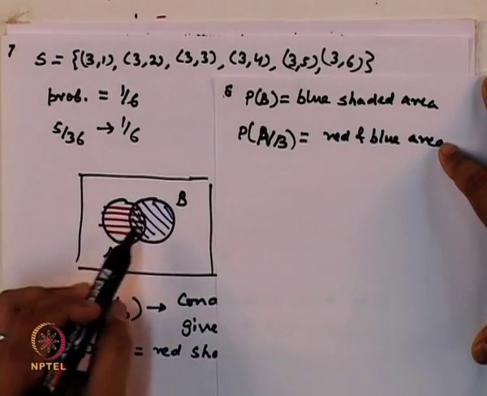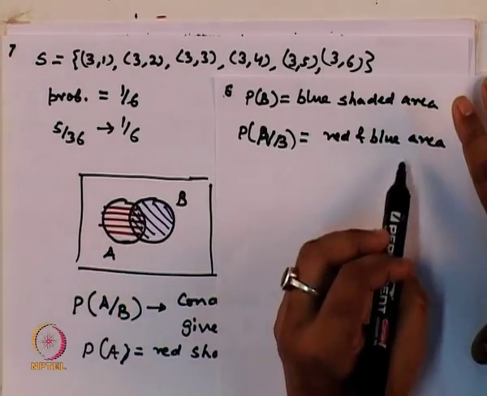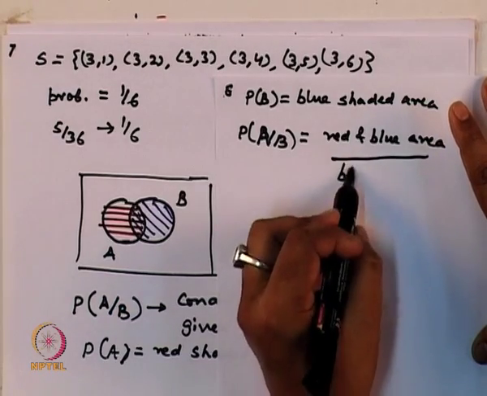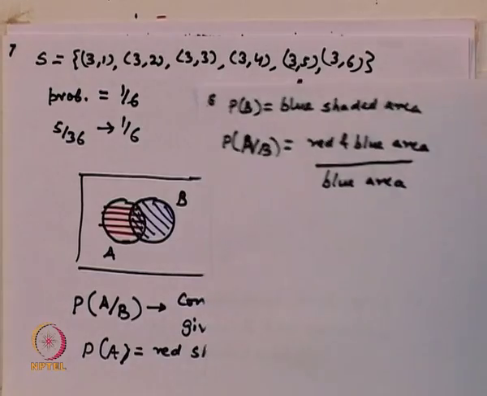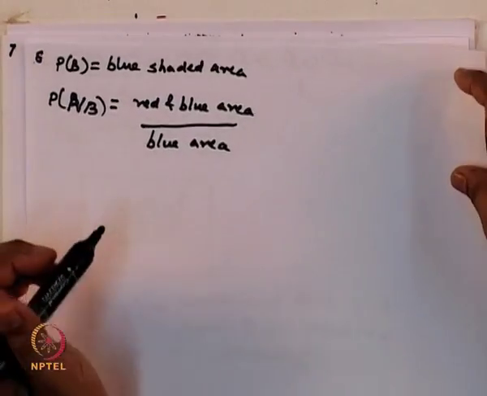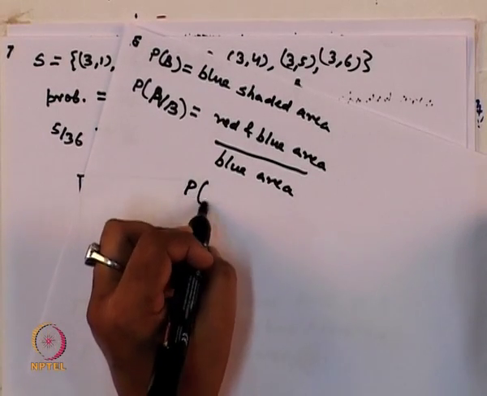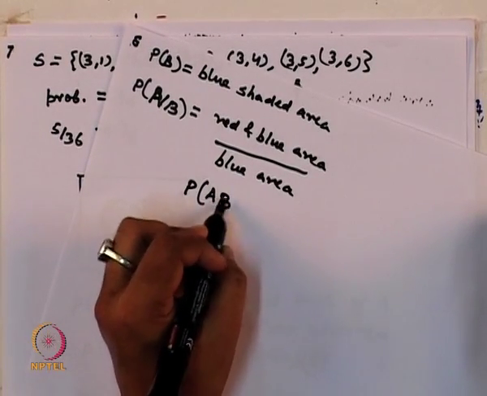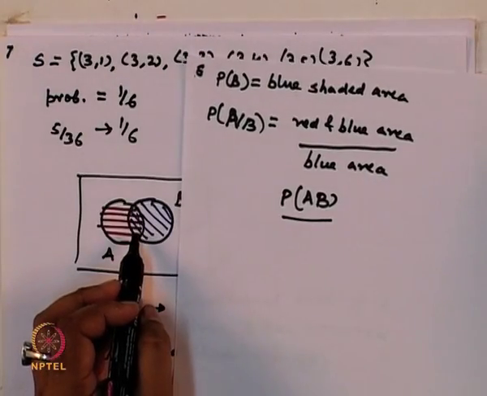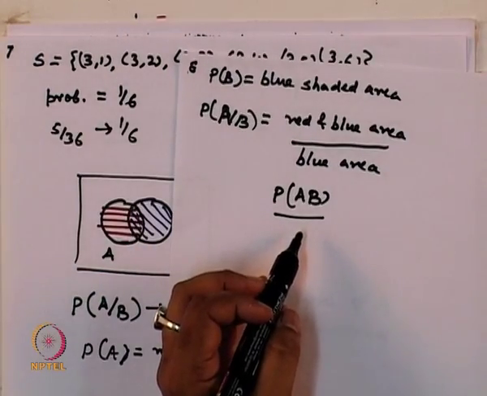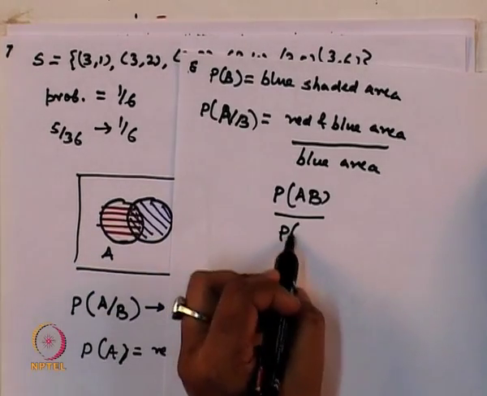Probability of A given B means only this common shaded area is where the A can occur, red and blue area divided by the blue area. Okay. So, I can see that the red and blue area is nothing but probability of A intersection B. Okay. This is nothing but probability of A intersection B, and the total B is simply probability of B.